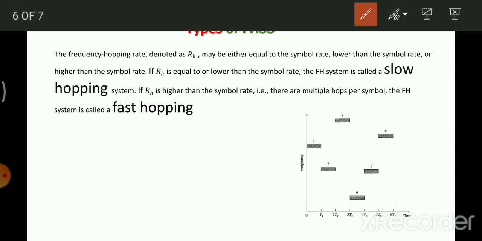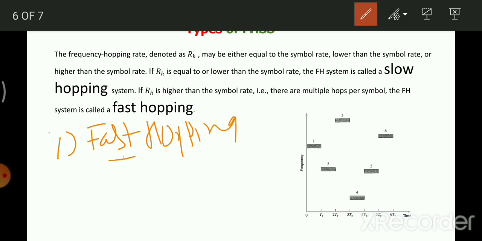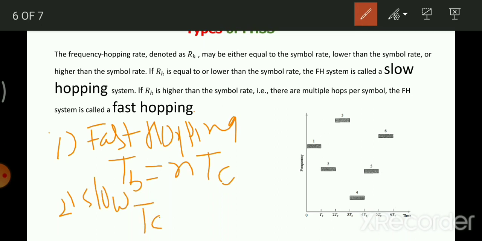First condition: fast hopping indicates TB is equal to n TC. Slow hopping is the opposite: TC is equal to n TB. Now TB is equal to 1 by RB, where RB is called the bit rate, and TC is equal to 1 by RH, where RH is called the hopping rate. So accordingly you can derive in terms of bit rate and hopping rate.